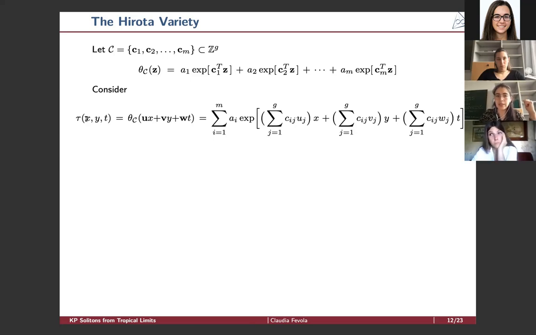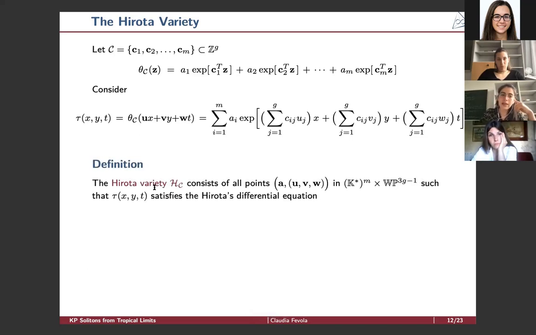And we consider the theta function now arising from this finite sum of exponentials. And we define the iota variety to be the variety of all points A, which are the coefficients in the theta function, U, V, and W in this product space, such that the corresponding tau function that we can construct satisfies the iota differential equation and then will give us a solution to the KP equation.